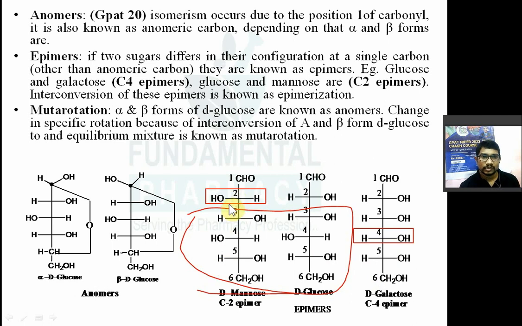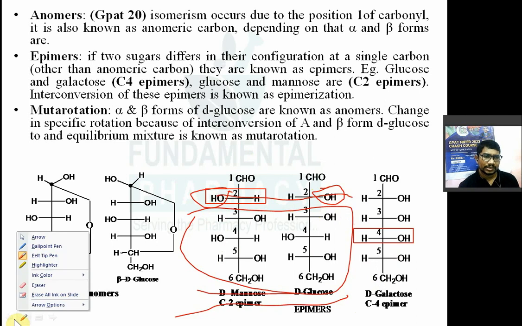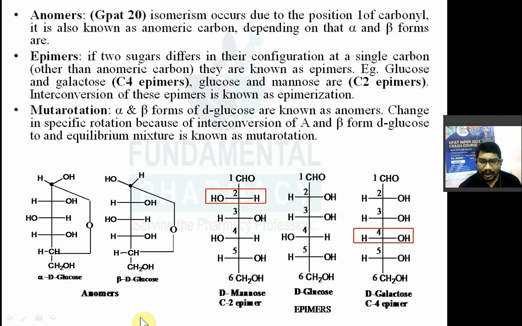So in mannose this hydroxyl group is on the left side, and in glucose this hydroxyl group is on the right side. As there is a difference in the arrangement of hydrogen and hydroxyl group on carbon number 2, glucose and mannose are known as C2 epimers. So what are epimers? If two sugars differ in the arrangement of hydrogen and hydroxyl group at a single carbon atom other than the anomeric carbon atom, they are known as epimers of each other.